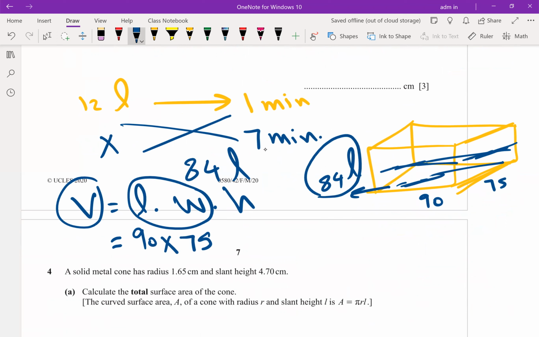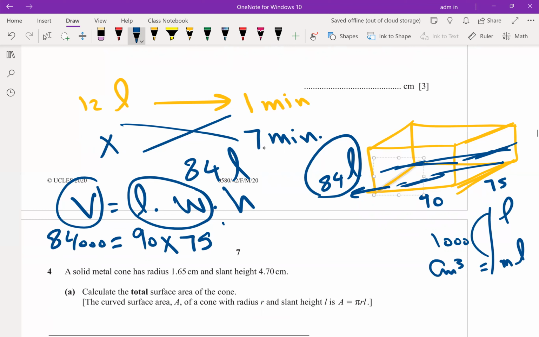How to convert from liter to centimeter cube? Milliliter is exactly centimeter cube. So multiply by 1000. 84000. Divide, you will get the height.